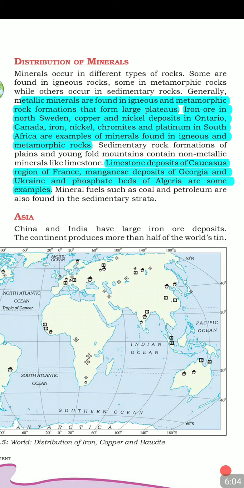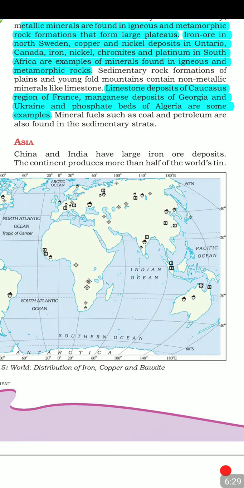By the way, in this Ontario region we find minerals like iron ore, copper, nickel, and in South Africa iron, nickel, chromites, and platinum, right? And also iron ore in North Sweden, right?